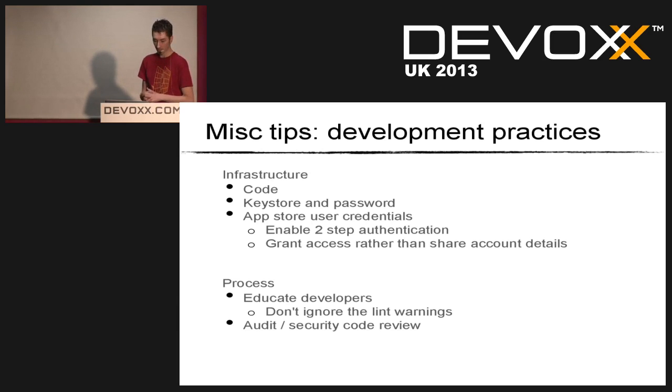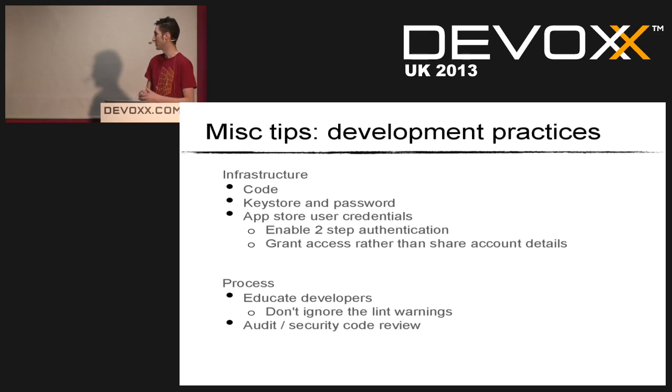app. So things you can do on the App Store is enable two-step authentication, like I mentioned earlier. And also, they've got this new feature on the App Store where you can grant access to other Google accounts to publish apps. Certainly at Moobly, we do apps for other people. So the number of times people have tried to give us their username and password, I'm like, no, just add our email address and we'll do it.